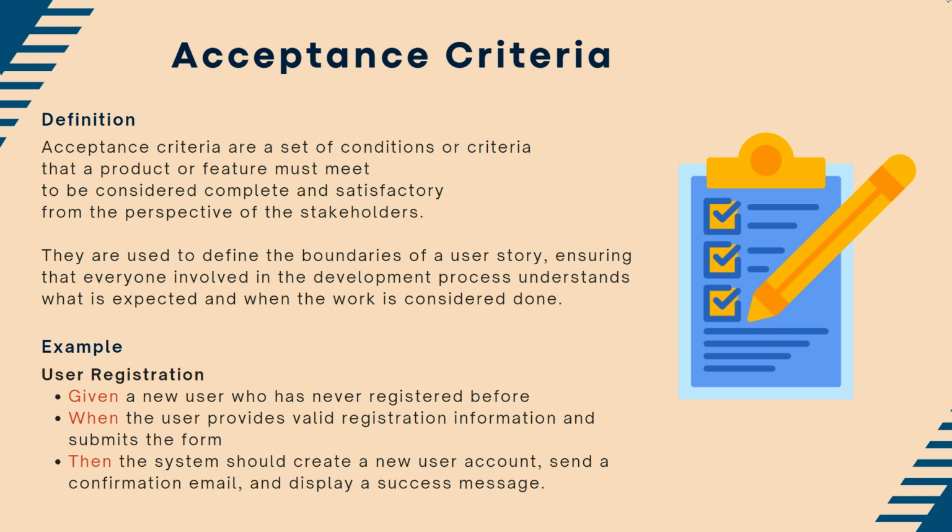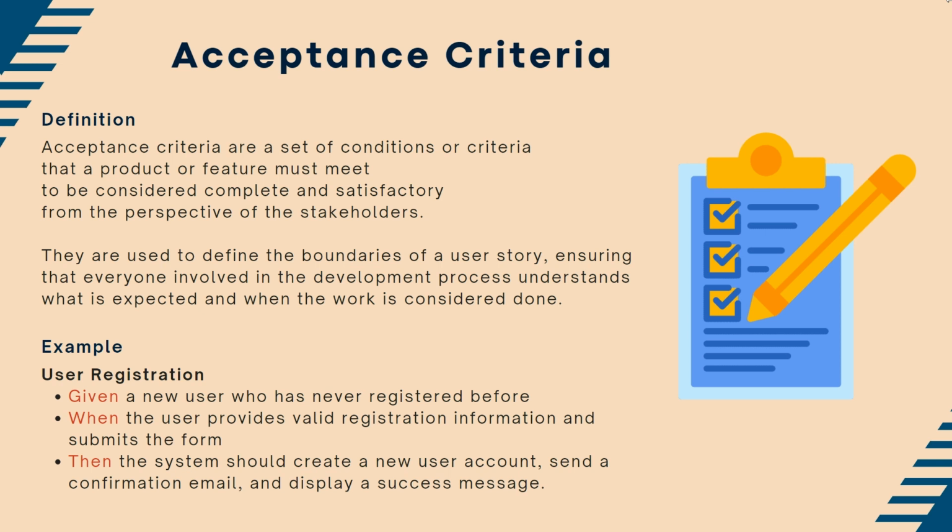Whoever's perspective has been taken while writing the story, from that perspective we have to ensure that the story is completed, like as a customer, as a product owner, as an admin, as a viewer, or whatever it is.